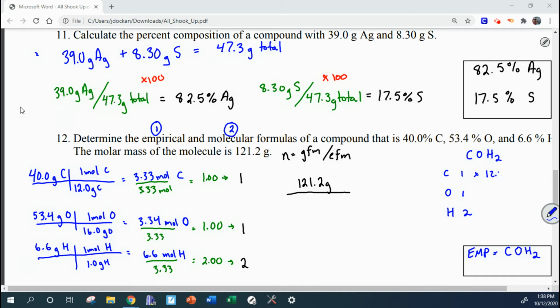Molar mass, 12.0, 16.0, 1.0. That's going to be 12.0, 16.0, and hydrogen gives me 2.0. My molar mass of my empirical formula is going to give me 30.0 grams per mole. So I'm going to plug that in over here for the EFM, 30.0 grams.